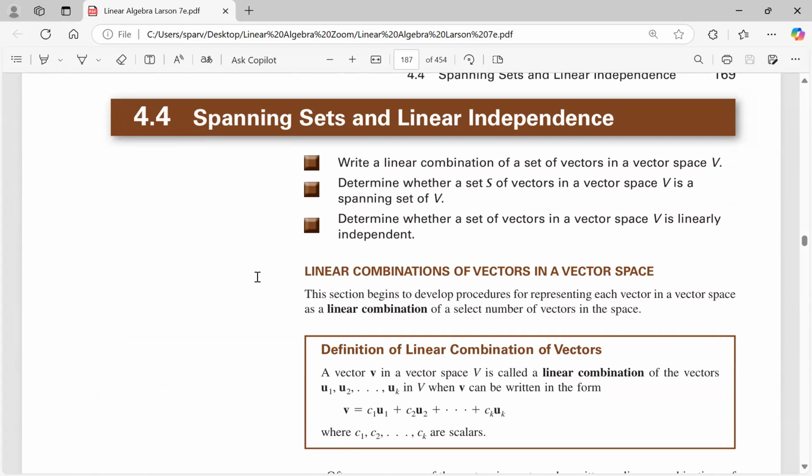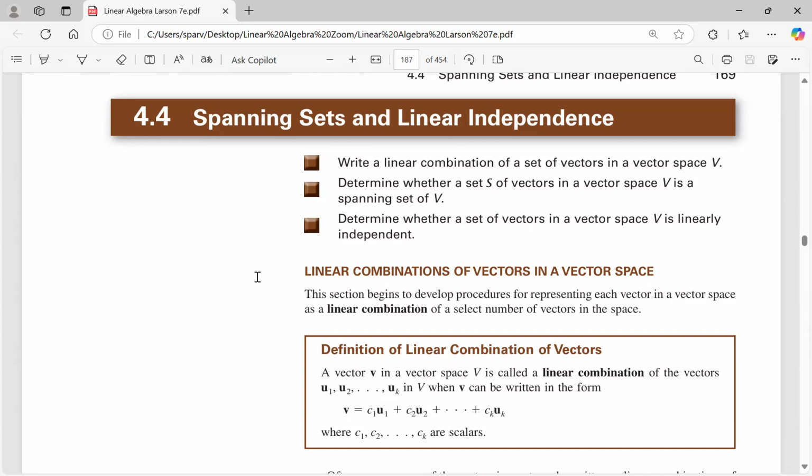So what we want to do in this section, call it our objective, is to represent each vector in V, the parent vector space, as a linear combination of a select number of vectors in the space.